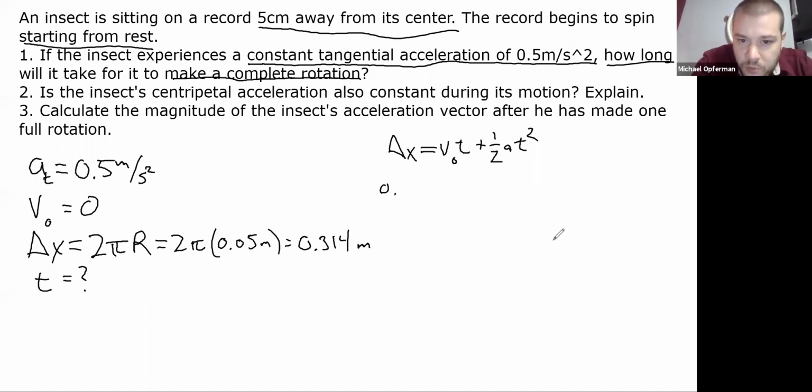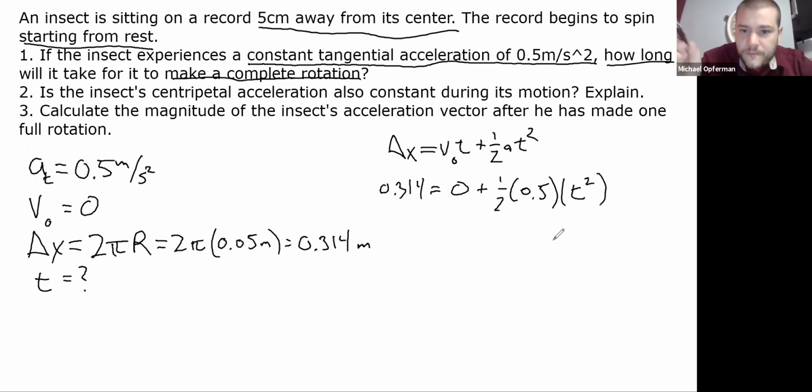So this will be 0.314 equals 0 plus 1/2 times 0.5 times t squared, where t is my unknown. So I'm going to have 0.314 times 2, divide by 0.5, take the square root, and I'll get t equals 1.12 seconds.